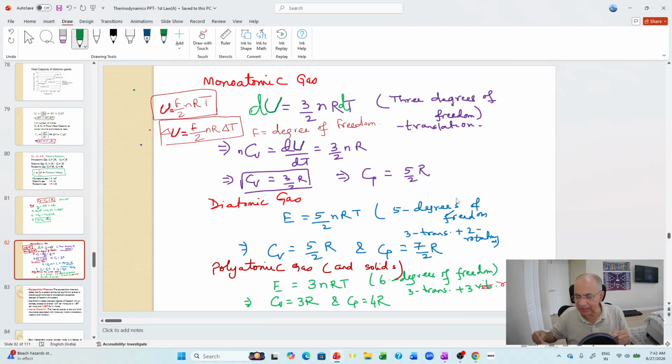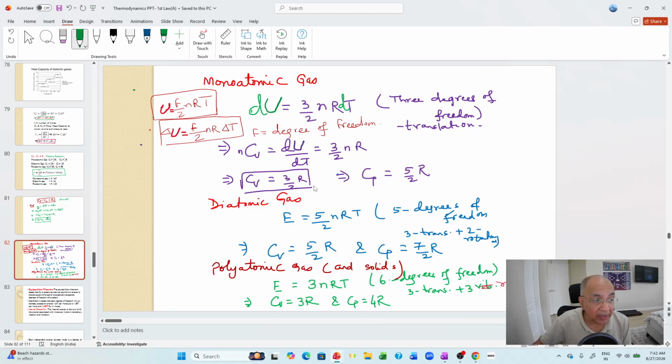So the x coordinate will store energy, the y coordinate, and so on, so there are 3 energy storage processes or ways. Therefore F is 3, so it is 3 by 2R for Cv, and since Cp is more than Cv by R, it will be 5 by 2R.